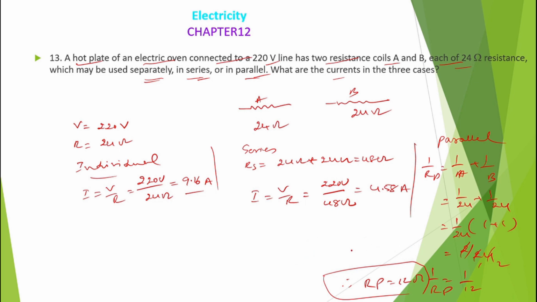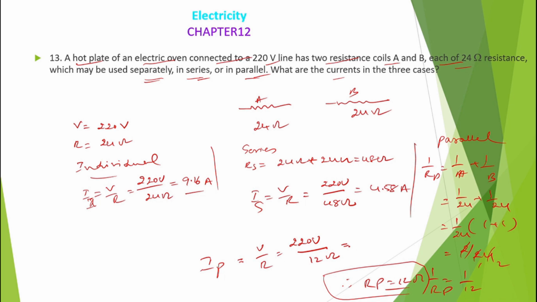Okay, now we have to calculate the current. This is a parallel connection, this is a series connection, and this is the individual connection. Current is equal to V by R. So V is 220 volt divided by R, 12 ohm.